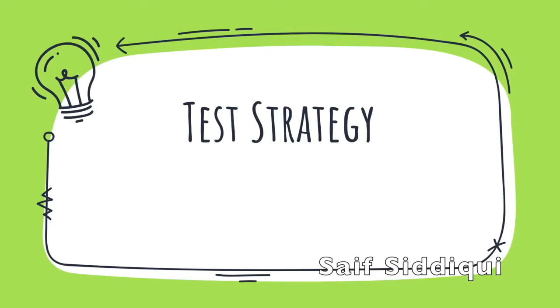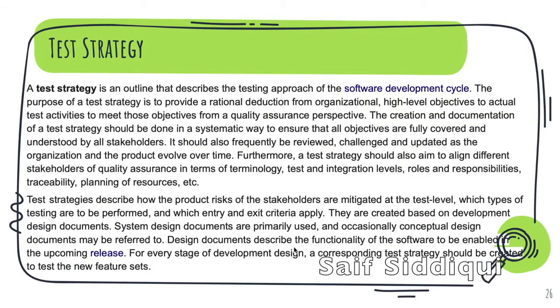What is test strategy? Let's go and see the definition of test strategy. As per the definition, it is an outline that describes the testing approach of the software development lifecycle. The purpose of a test strategy is to provide a rational deduction from organizational high-level objectives to actual test activities to meet those objectives from a quality assurance perspective.